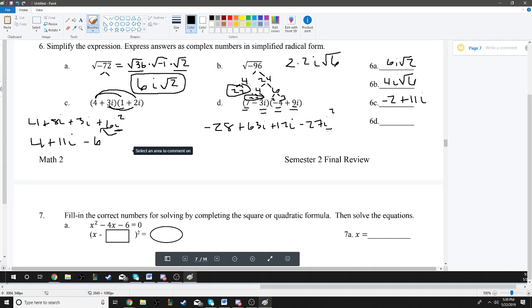And remember, the i squared changes the sign. So this is negative 28 plus 63i plus 12i plus 27. So negative 28 plus 27 is negative 1. 63 plus 12, I don't know why I put 17, is a 75i.